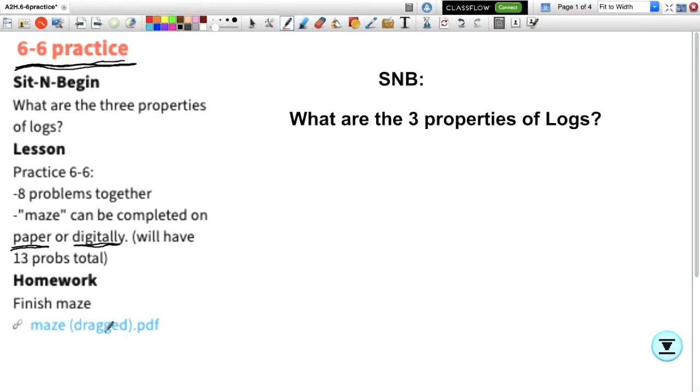So we're going to start right off today by reviewing our 3 properties of logs. The first one is the product property. Just a refresher, the product property tells you if you have some log with some base and you have 2 things that are being multiplied together as your of piece, you could expand those 2 out into an addition problem where you have the log of whatever base and your first factor, and you add it to the log of that exact same base of the second factor.